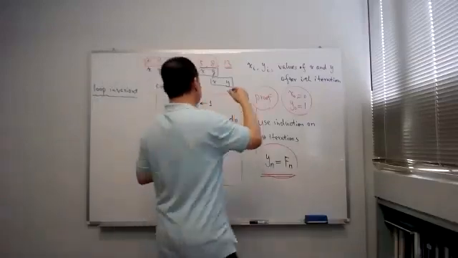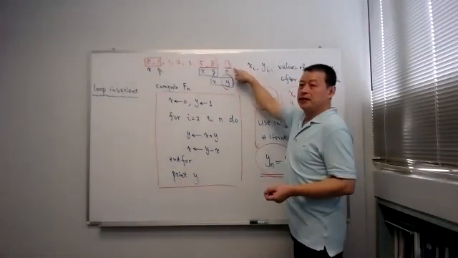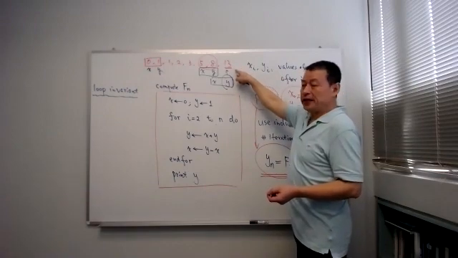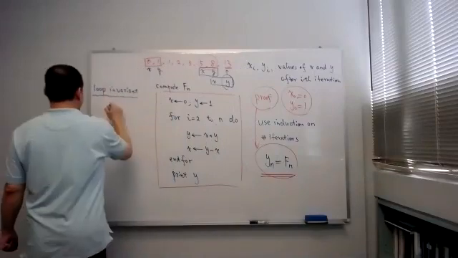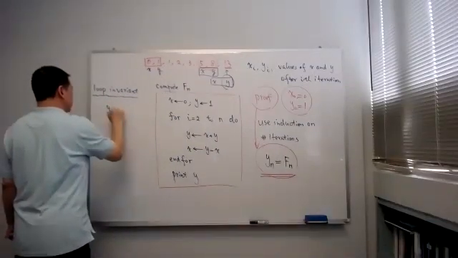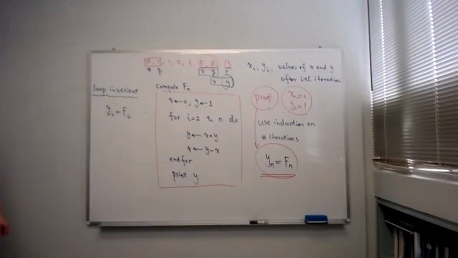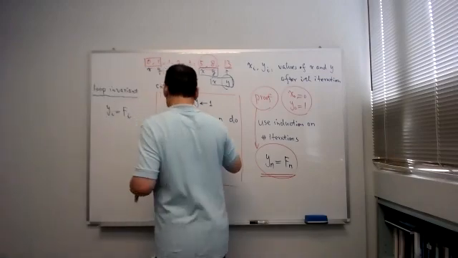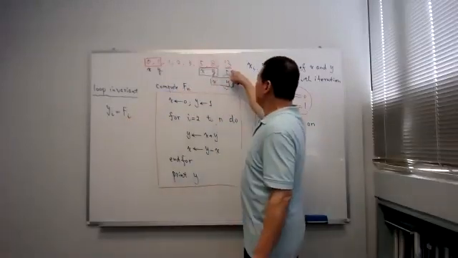So our intention is that y points to the current number in the Fibonacci sequence. So at any time for this algorithm, we want to show that yi always equals fi.